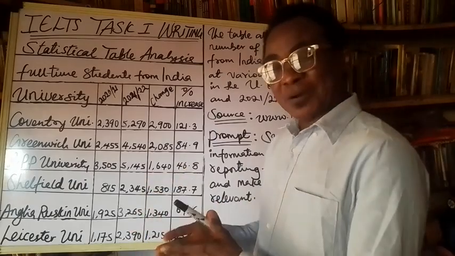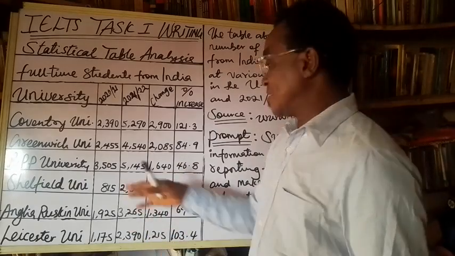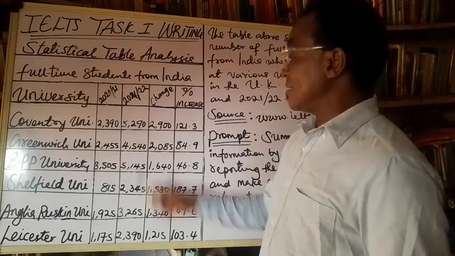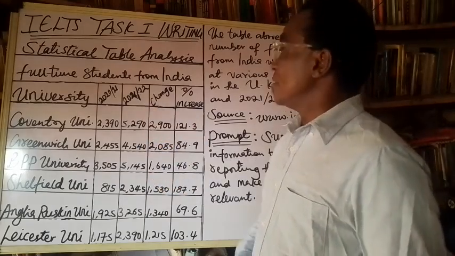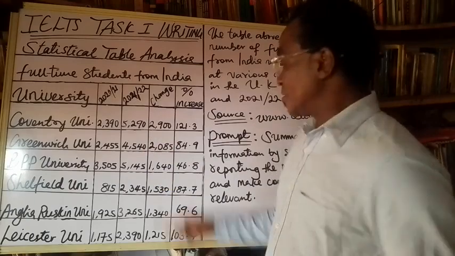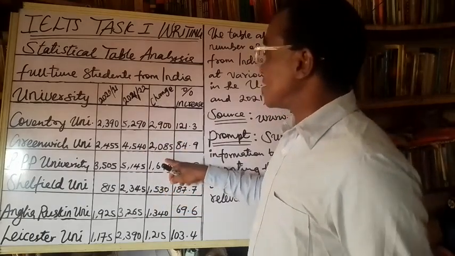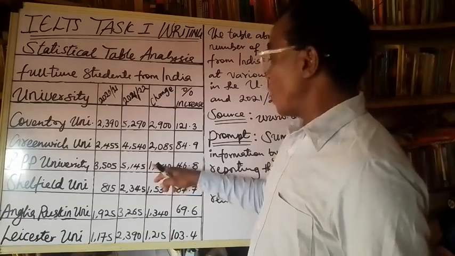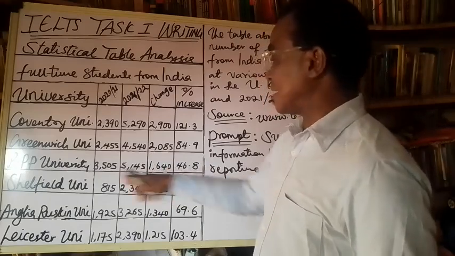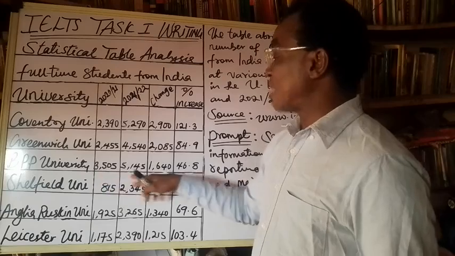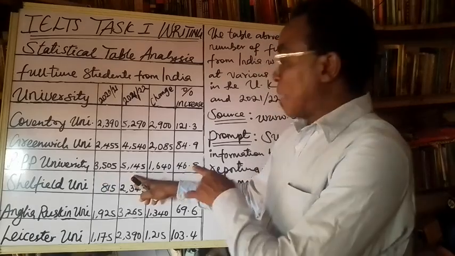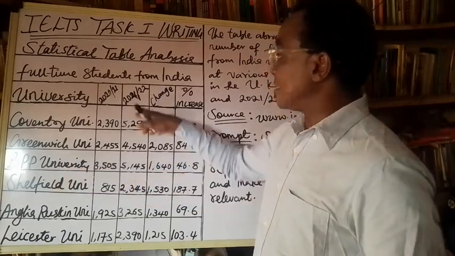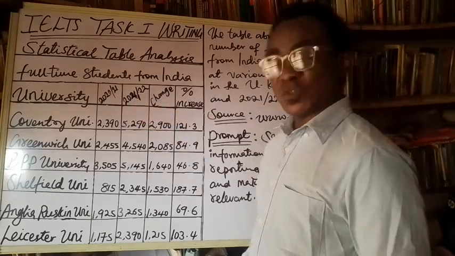That will give you the number of students who were enrolled into BPP University in the UK in the period 2021/22. So what we have here is the change, the actual number that was added to the original. So 1,640 plus 3,505 will give us the number of students of India origin in BPP University in the 2021/2022 session.